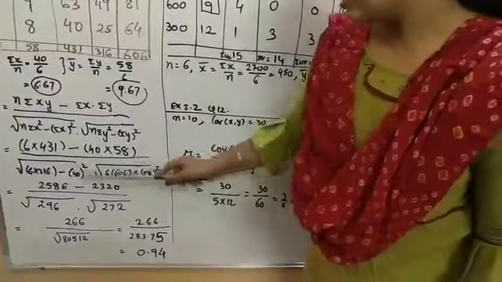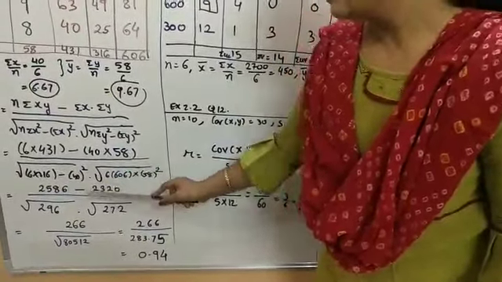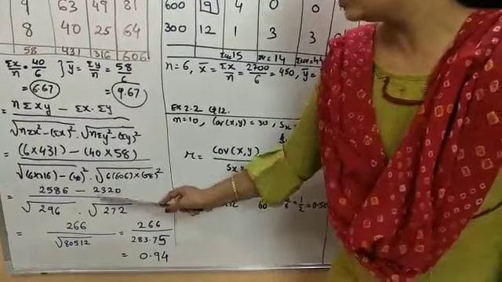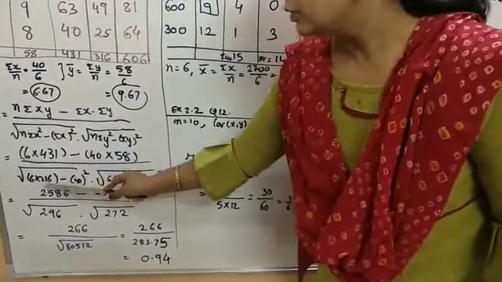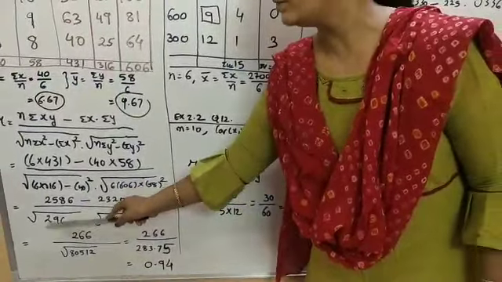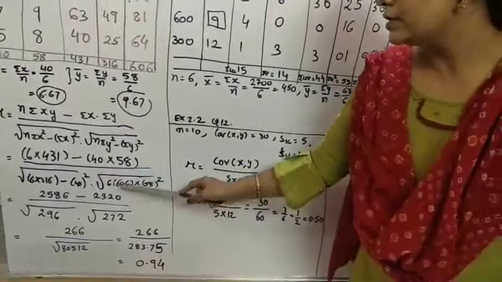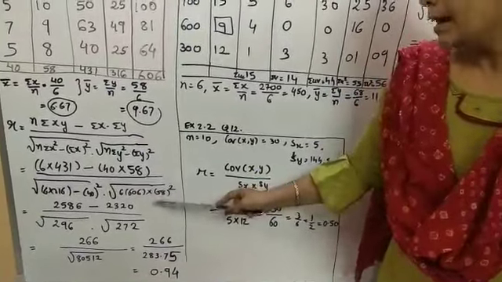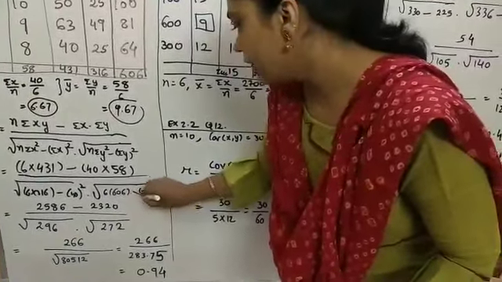So now when we sort it out, 431 into 6, the answer will be this, minus 58 into 40, 2320, upon under root 6 into 316, 200 minus 1600, the final answer would be under root 296, and over here 606 into 6 minus, here is the minus sign, 58 square.